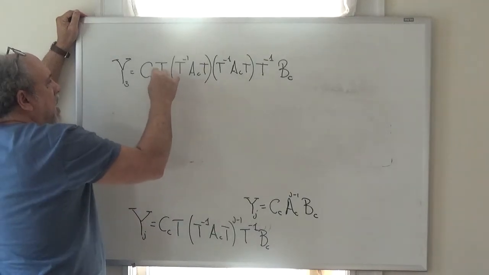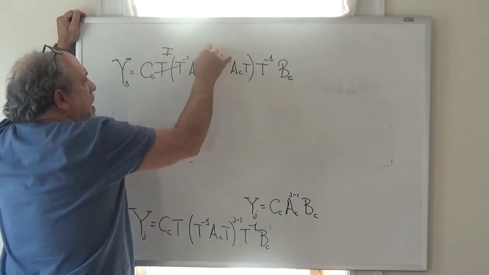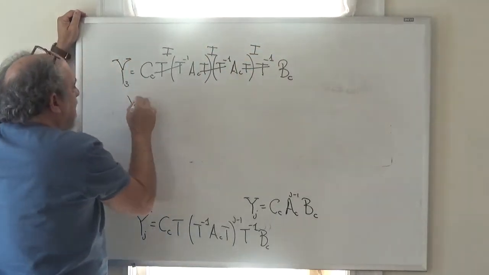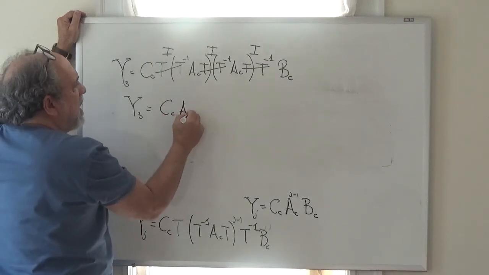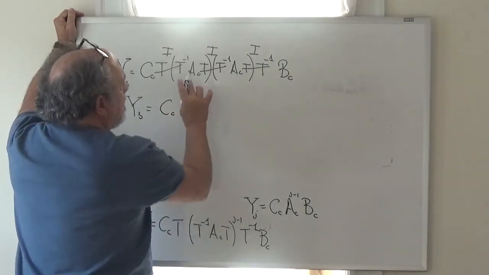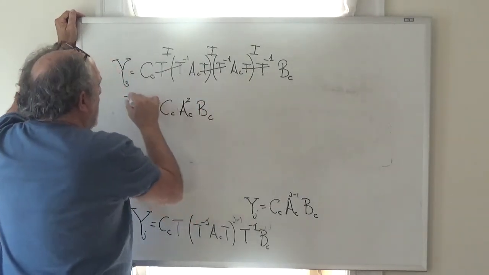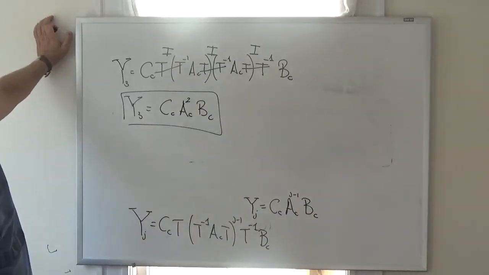So you can see that t and t to the minus 1 is an identity, t and t to the minus 1 is an identity, and t and t to the minus 1 is an identity, and therefore the third Markov parameter is CC AC squared times BC. Therefore, the Markov parameter does not depend on t.